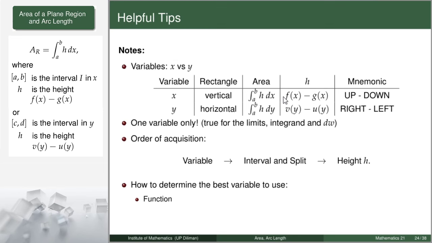So if you can isolate y so that you can have f of x and g of x, it means you're going to use x. Most of the time, a complicated x means that the variable should be x. If it is simple, for example, x equal to something, then that means you will use the variable y, because remember, v of y and u of y are functions of y, isolations of x.